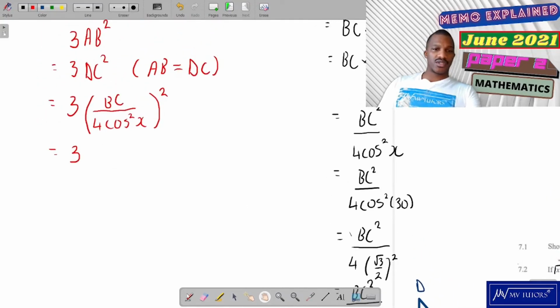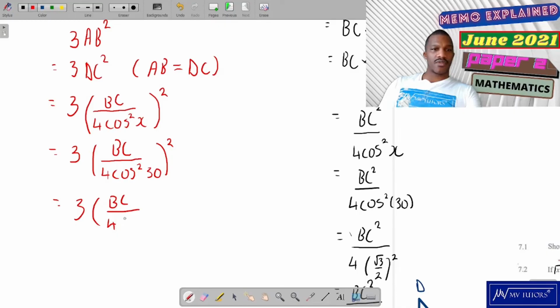You know what, let's not skip steps. So this is going to be BC over 4 cos squared of 30, and this must be squared, and then 3 BC over 4, and then we said cos of 30 squared is actually equal to 3 over 4, and then these 4's will cancel each other.